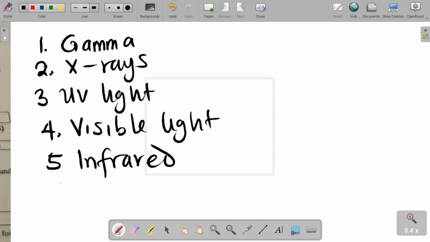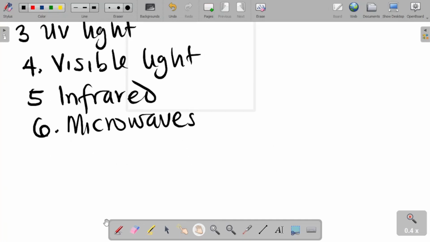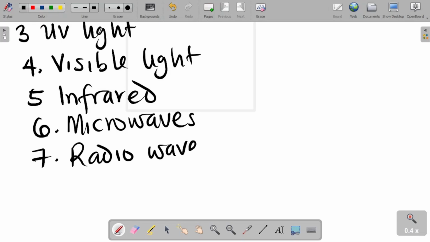Number 6, we have microwaves. Number 7, we have radio waves. Now, from this arrangement, the highest energy is in gamma rays.